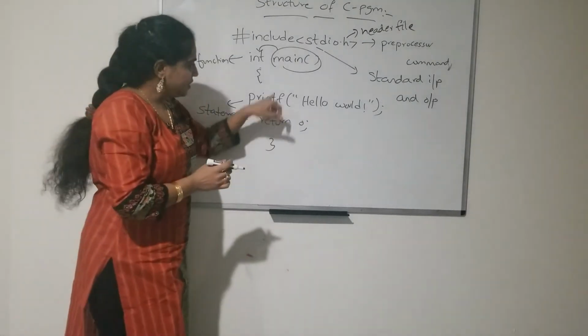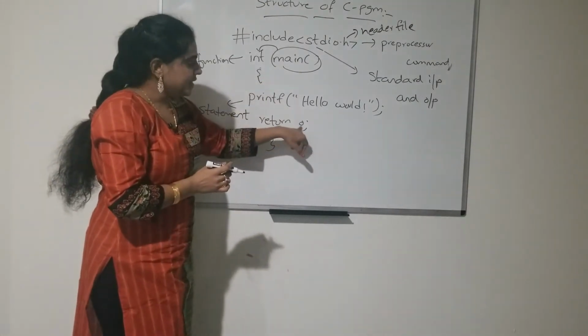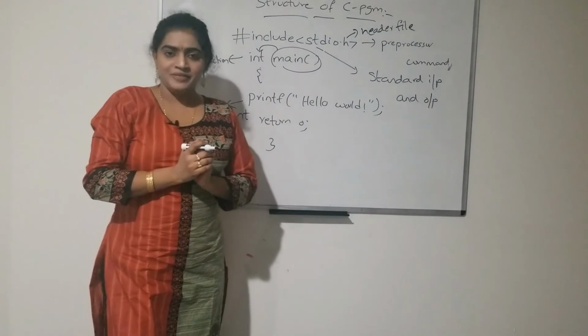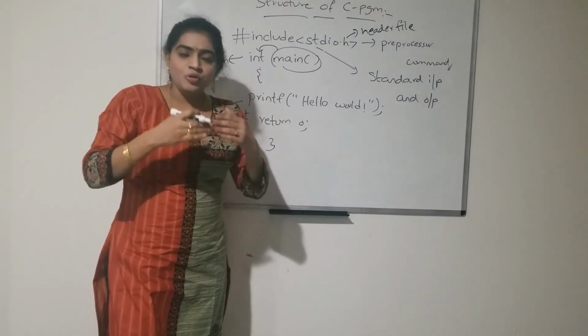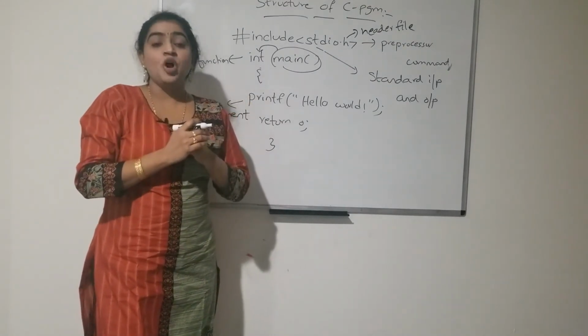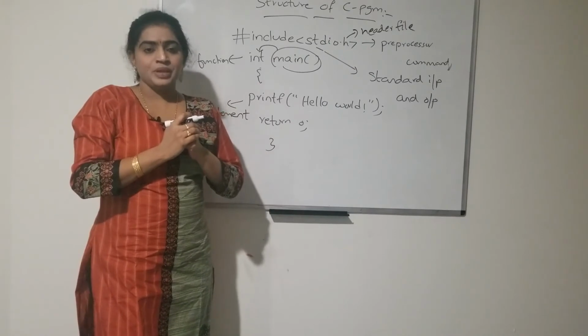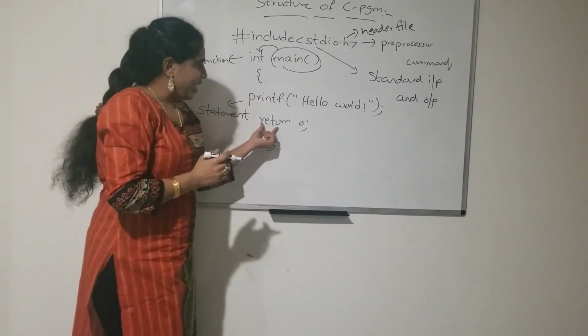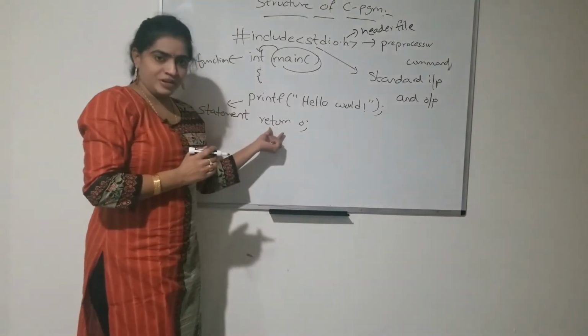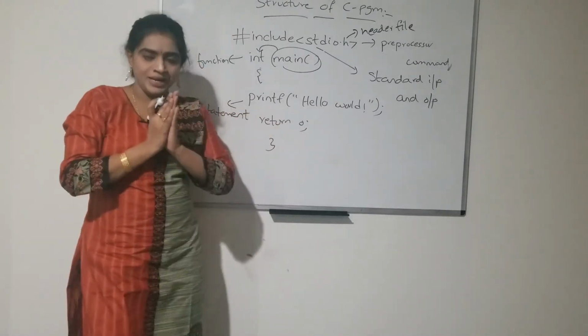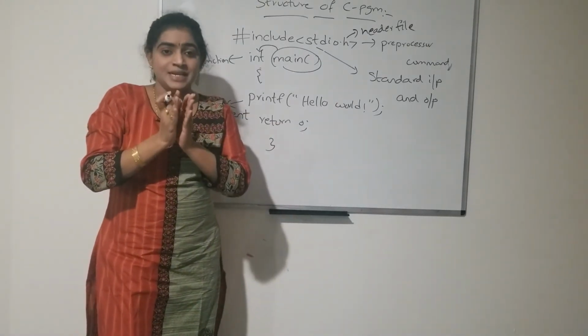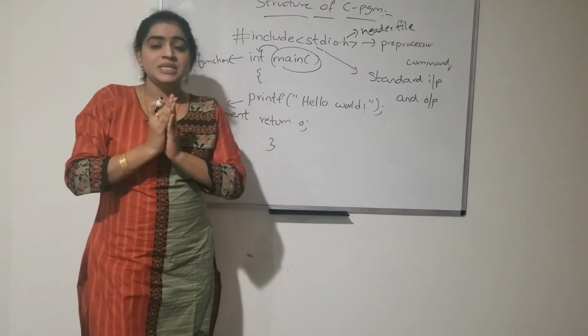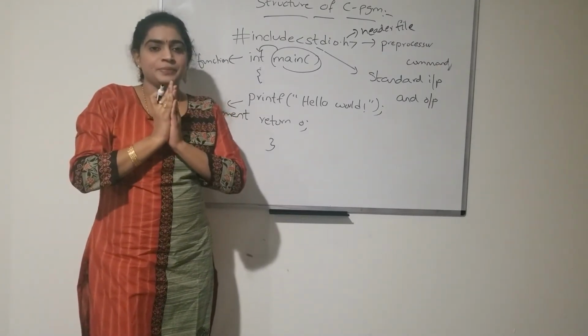That's why this function is returning an integer value. 0 is an integer value. To whom is it returning that value? To the operating system. If the value 0 is returned to the operating system, it says that the program execution is successfully done.